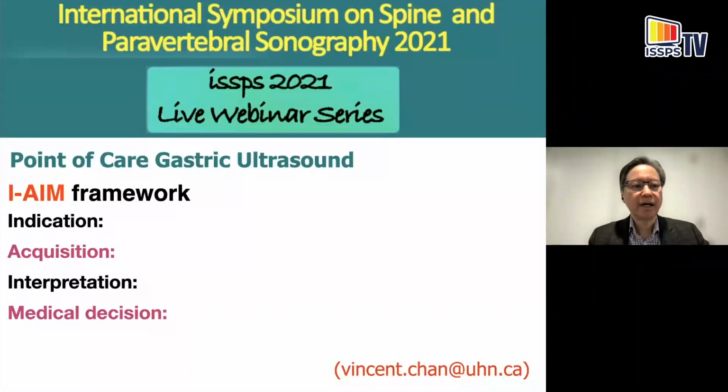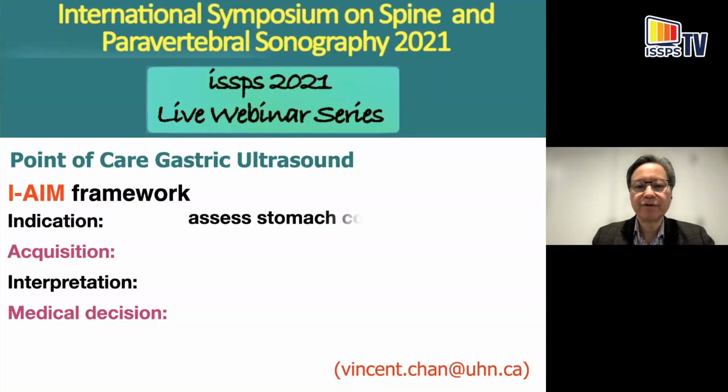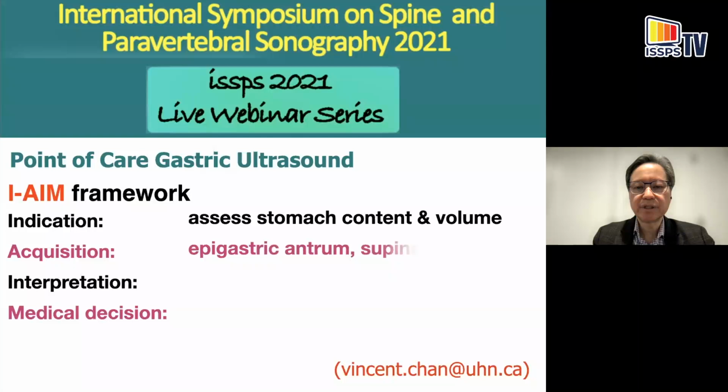So I hope I have briefly reviewed the usefulness of gastric ultrasound using the AIM framework. Indications: whenever you don't know what's inside the stomach and how much is in there. Acquisition: always scan, use the aortic level as the landmark, scan in the epigastric region, both in the supine and the right lateral decubitus position.